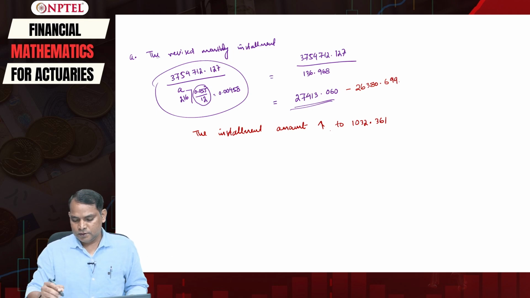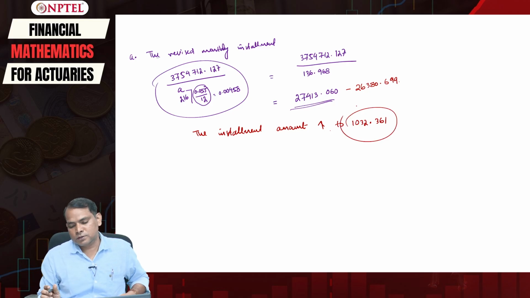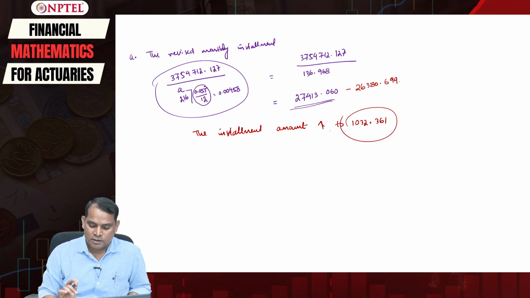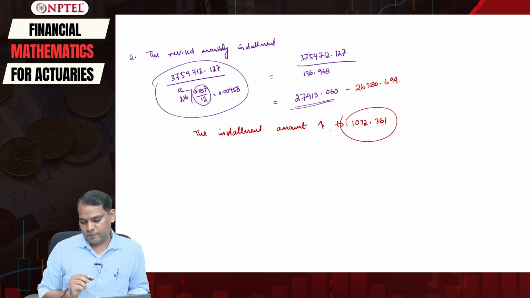Okay, so what is the increase now? So 1032.361 rupees increased in the installment amount that the candidate has to pay.